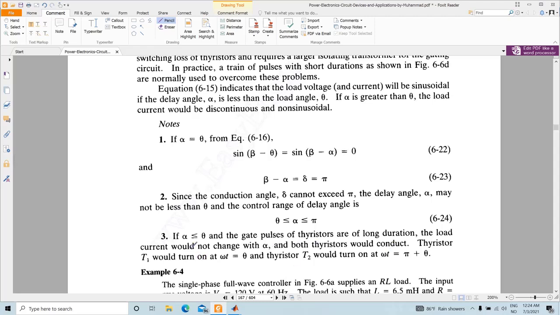Thyristor T1 would turn on at omega t equals theta, and thyristor T2 would turn on at omega t equals pi plus theta.